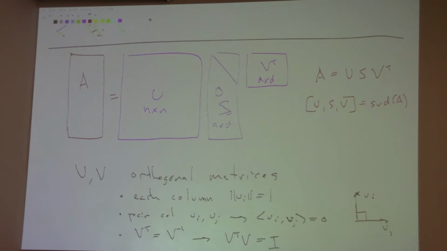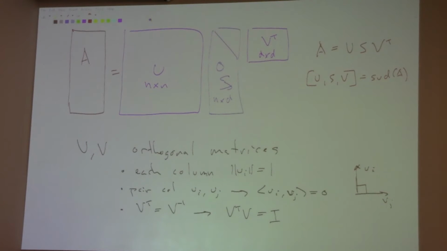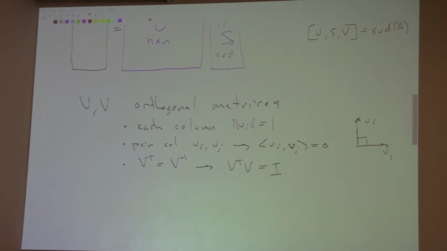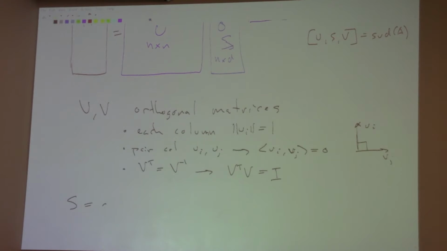What's more interesting is when you start looking at S. S is going to be a diagonal matrix, as I said, and so we'll write these s_1, s_2 up to s_r, where r is less than or equal to d.